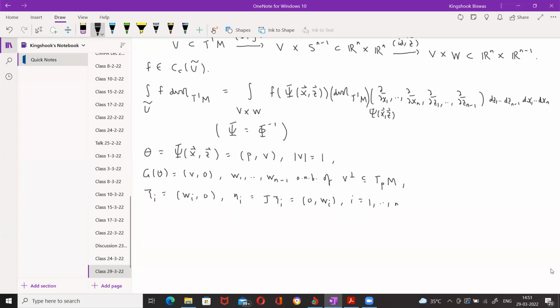Right? Okay. So then I have to look at this linear map. d vol T1m of del x1 ... del xn, del z1 ... del z(n-1).